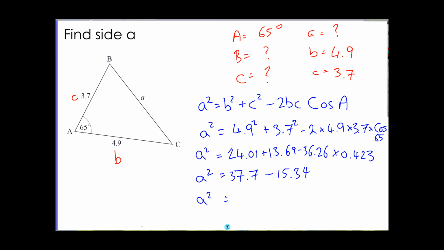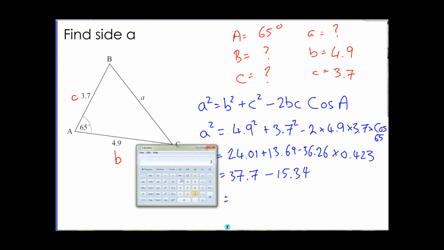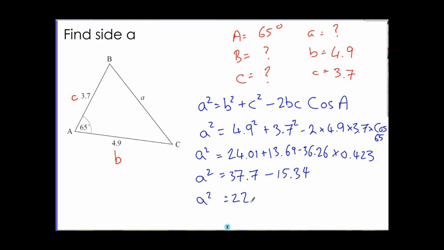Nearly there. 37.7, take away 15.34 is 22.36. Now, just like with Pythagoras' theorem, that gives me a squared, but it doesn't give me the length of side A yet.